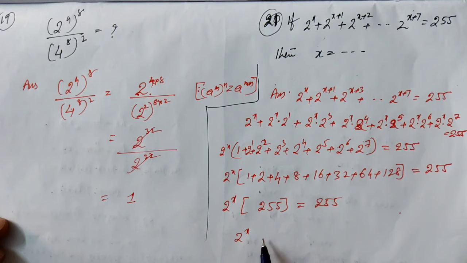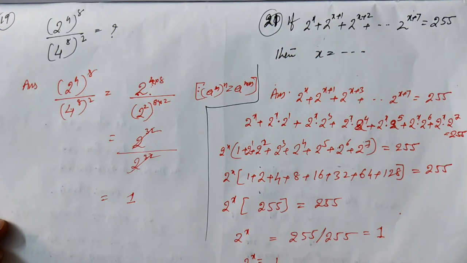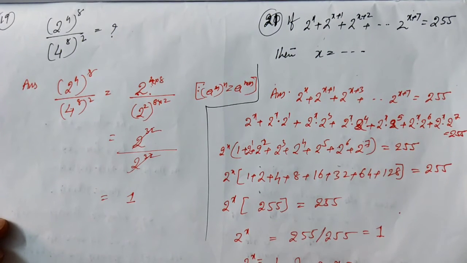So 2 to the power of x into 255 is equal to 255. If you transpose this to this side by 255, so 255 gets cancelled, it is equal to 1. So 2 to the power of x is equal to 1, or 2 to the power of 0 is equal to 1. So from this we can conclude that x is equal to 0. So this is the answer for the question.